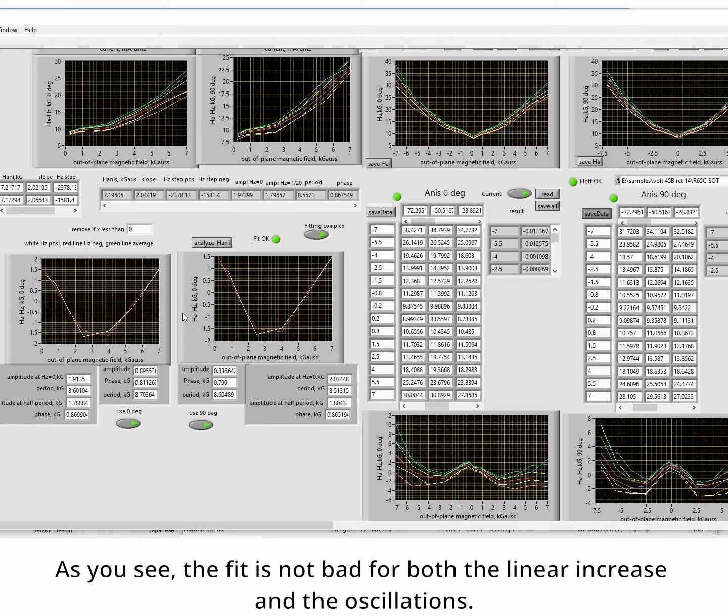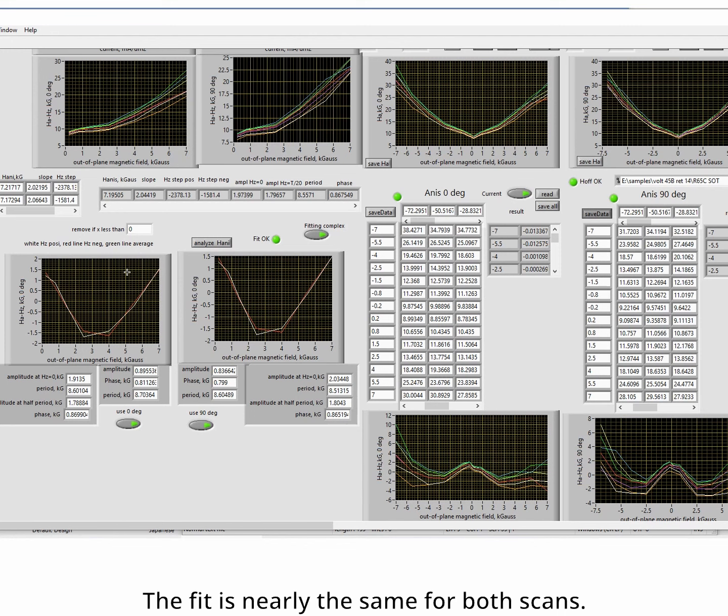As you see, the fitting is not so bad for both the linear increase and the oscillations. The fit is nearly the same for both scans. After the fit, these graphs show only oscillation spots, and it's good.